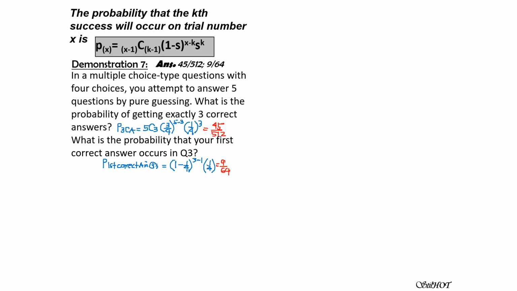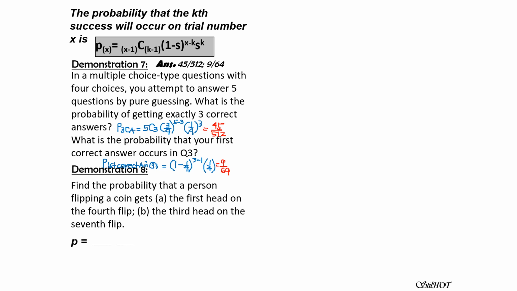So 3/4 quantity squared is 9/16 times 1/4, so 9/64. While 5 combination 3 times quantity 3/4 raised to 2, then divided by 64 is 45/512.